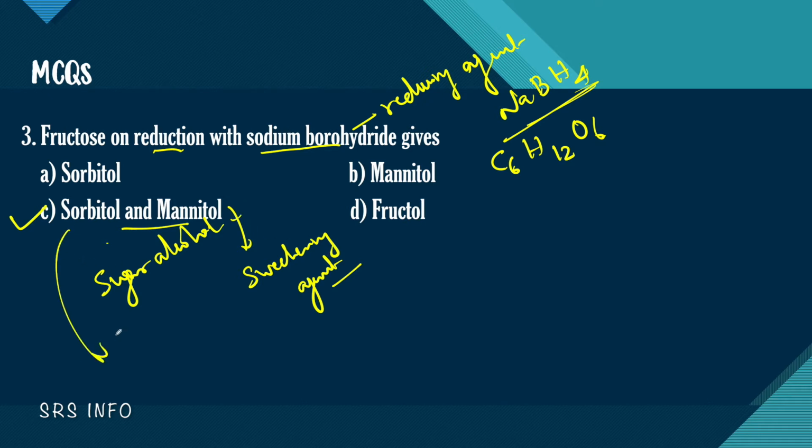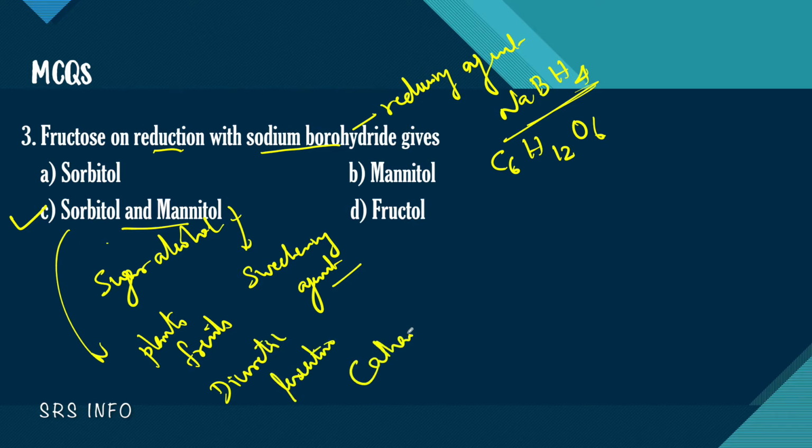Okay, what about sorbitol? Sorbitol is also a sugar alcohol which is found in plants and fruits. Okay, and some other uses of sorbitol, what are they? This is used as a diuretic, laxative and also cathartic. What is cathartic? Cathartic is a psychological relief through open expression. When we are under stress, and if we discuss our stress or emotions with someone very close to us, then we really feel a comfortable atmosphere.